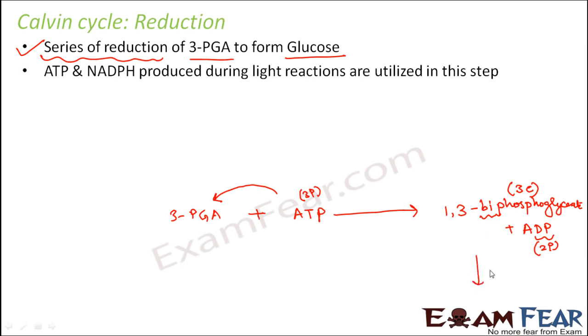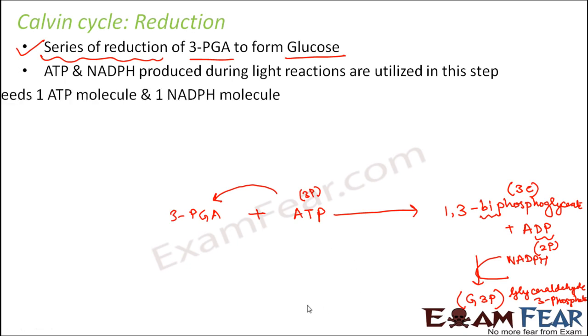Now this will further utilize NADPH. So NADPH will get further utilized and this intermediate compound will extract the high energy electrons of NADPH and it will form another compound called G3P. And what is G3P? It is glyceraldehyde 3-phosphate. So this is the next stable compound which is formed in the Calvin cycle.